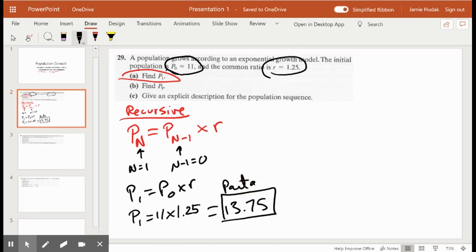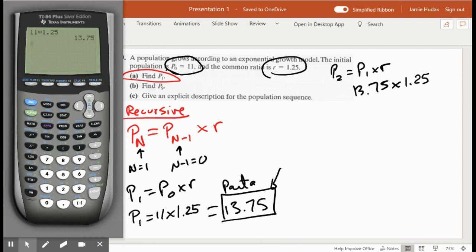Part B asks that we find P9. And to do this recursively would be tedious, because to find P9, we'd have to find everything in between. We'd have to say, well, P2 is equal to P1 times R. We know that P1 is 13.75, R is 1.25, and we get 17.1875.